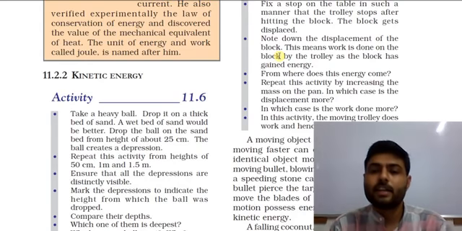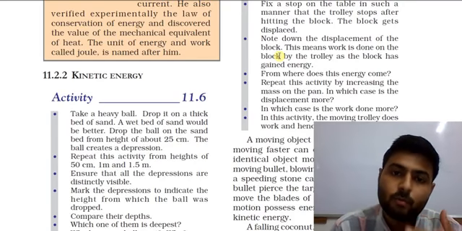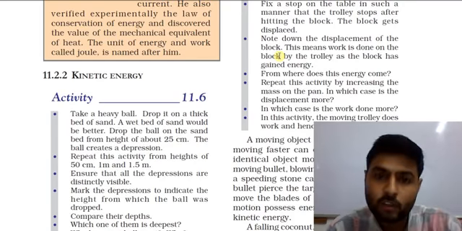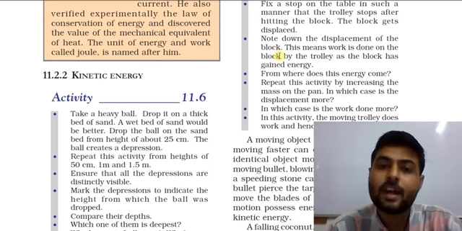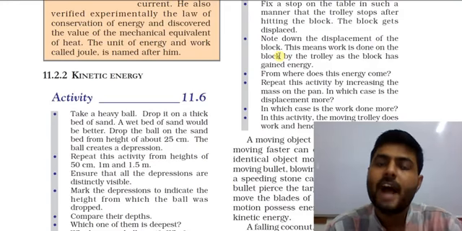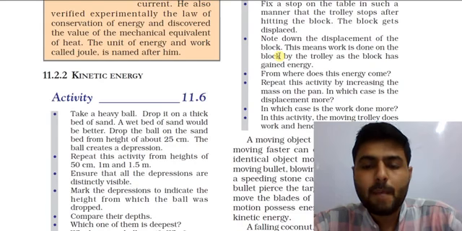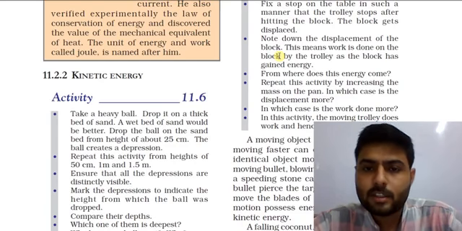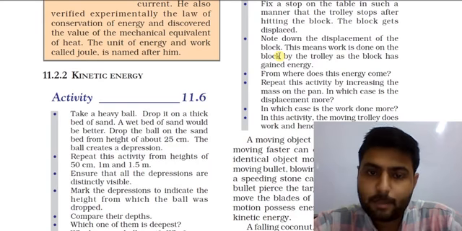So we can say that the trolley works on the block. So work is done on the block by the trolley. By work done, the block gains energy and due to this energy, the block can displace.